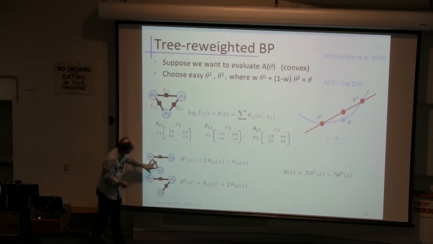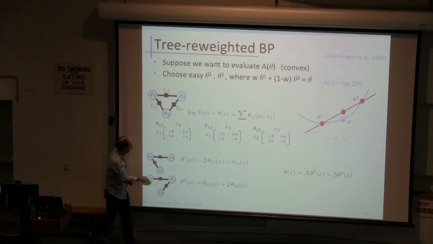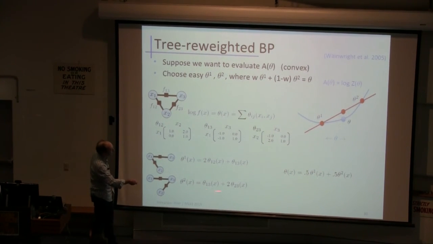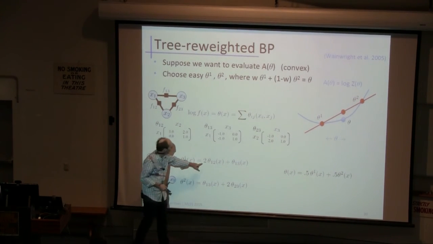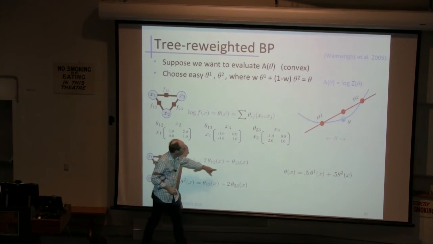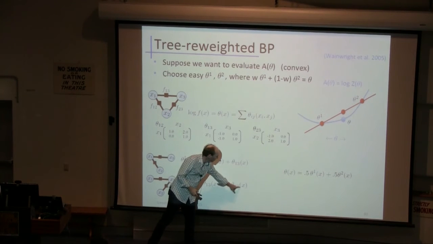Theta 1,2 appears once in my original model and no times in this model, so I'll put 2 times that function here, and that way when I multiply by 1/2, I'll get theta 1,2. Same thing for theta 2,3, I'll put 2 times that function here. So now 1/2 times this plus 1/2 times this equals my original model: theta 1,2 plus 1/2 theta 1,3 plus 1/2 theta 1,3 plus theta 2,3.